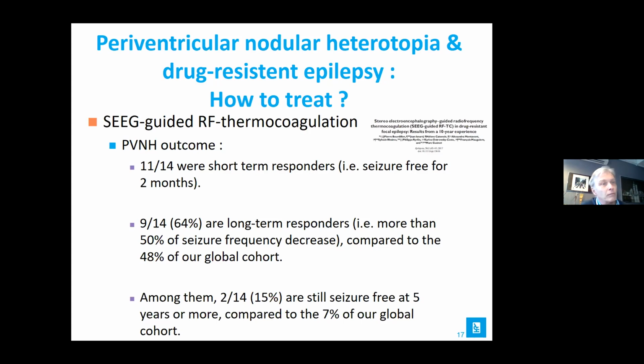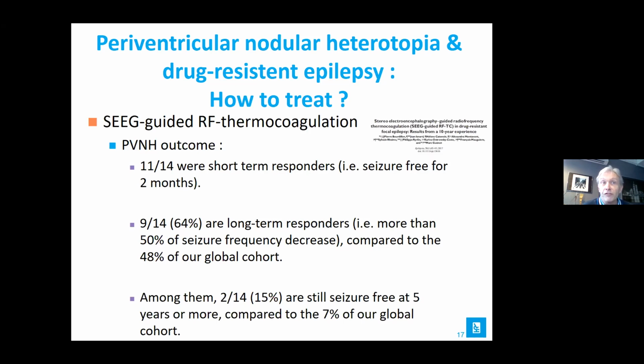As you can read, okay, almost all our patients are short-term responders. Short-term means a few months. But 64% only of our heterotopia are long-term responders. Responders means, in this case, 50% decrease at least in seizure frequency. So this is higher than the 48% of our global cohort, but it is far from 100 or 95% of long-term responders.